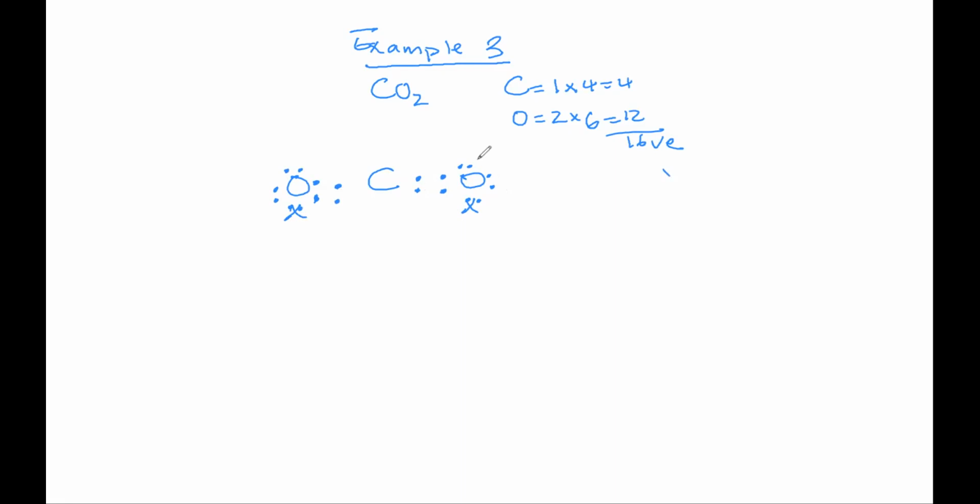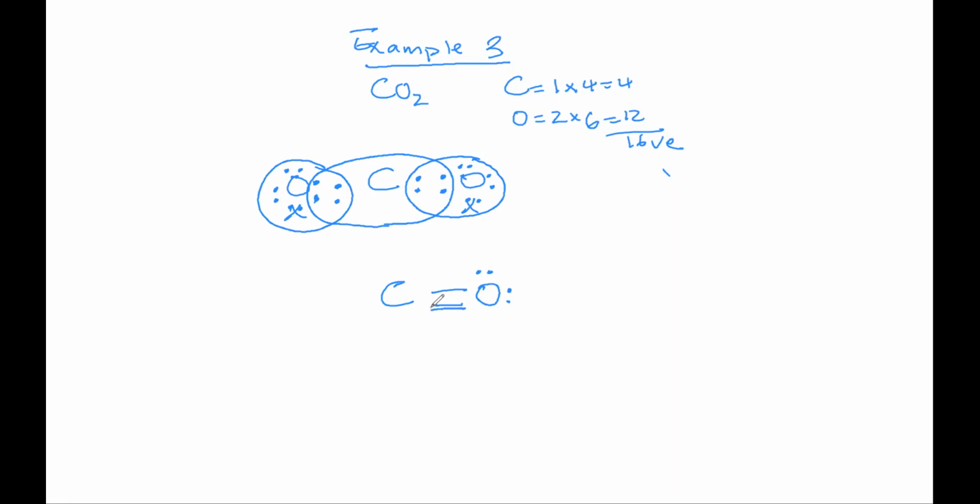Now, let's see if that works. We do this. We do this. Now we have to show the shared electrons. 2 pairs are being shared, so that's a double bond. 2 pairs are being shared, so this is a double bond.